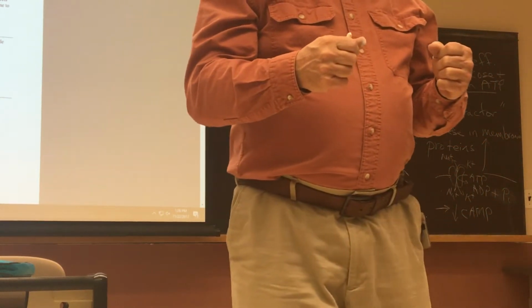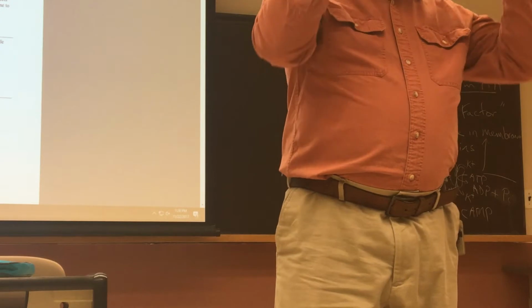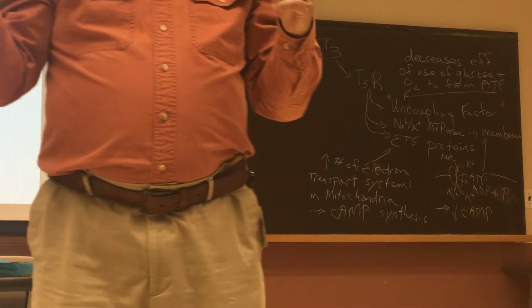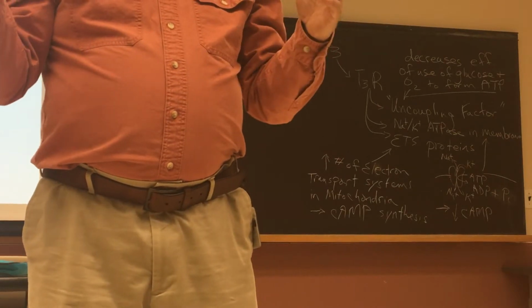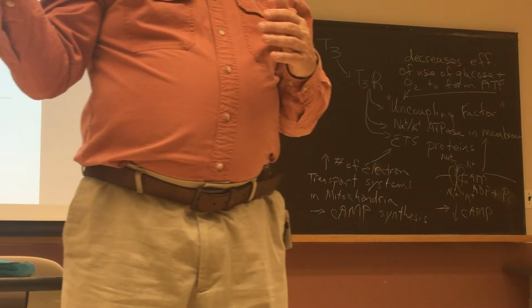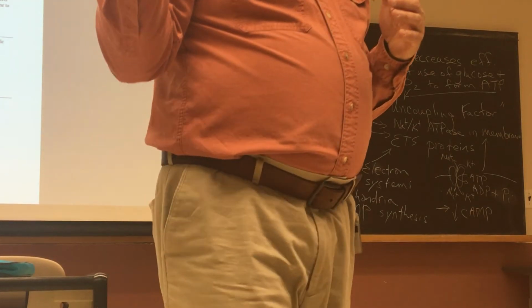And I give it the same amount of oxygen and glucose or glucose equivalents. I just make it less efficient. How much ATP do I get out? Do I get the same amount out?